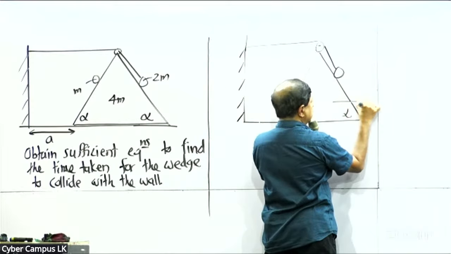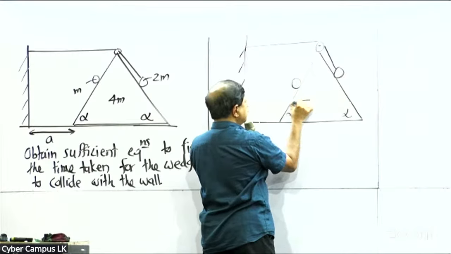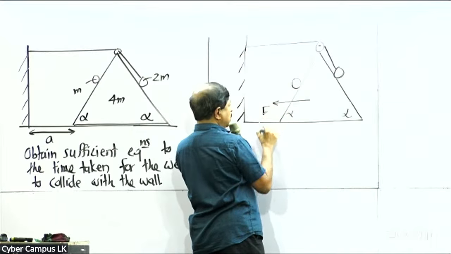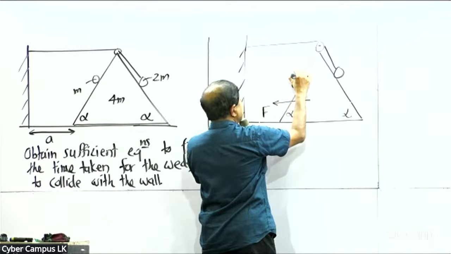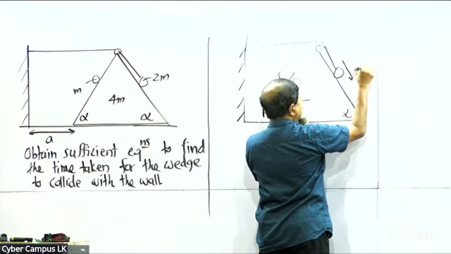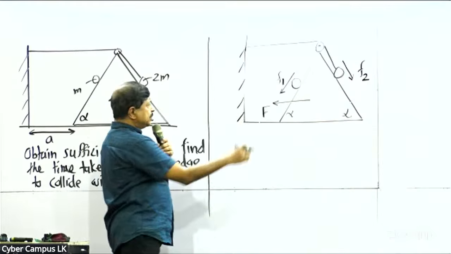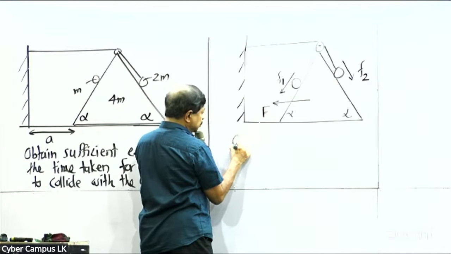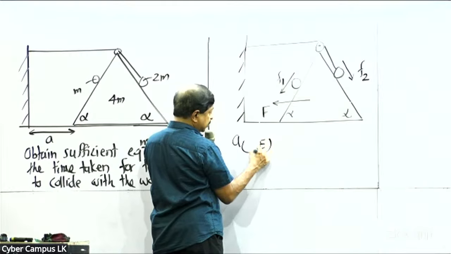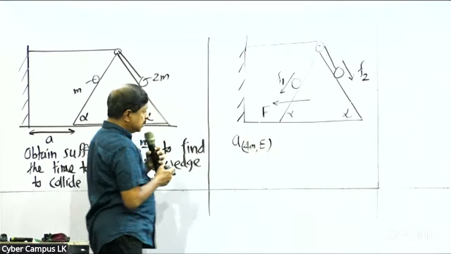Let the acceleration of this be, since it is 2m, I take this acceleration as f1, this as f2. Now this acceleration is relative to the earth: the acceleration of 4m, the wedge, related to the earth.